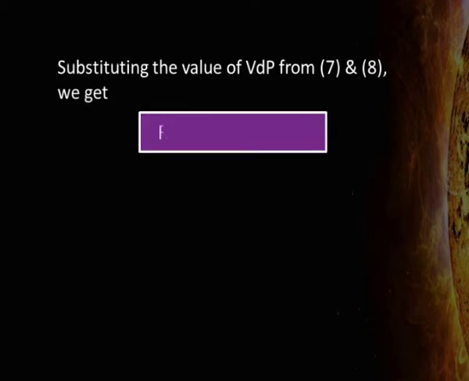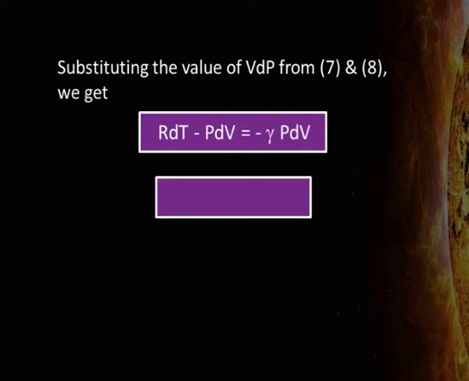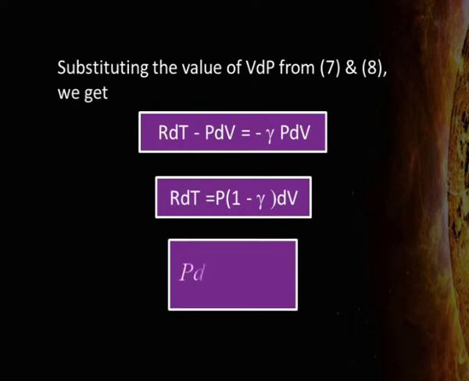Substituting the value of V dP from equations number 7 and 8, we will get R dT minus P dV equal to minus gamma P dV, or we can say that R dT equal to P into 1 minus gamma dV. Rearranging, we will get P dV equal to R dT upon 1 minus gamma.